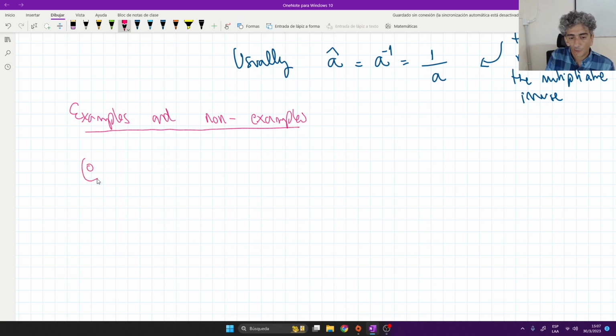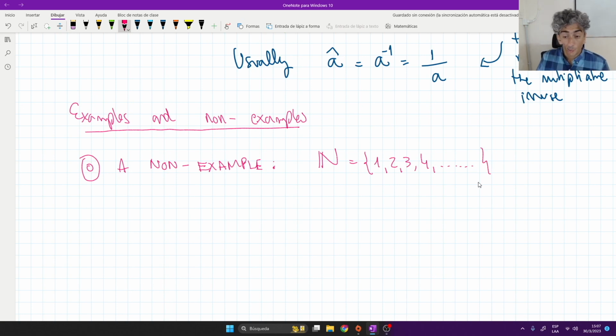So let's start with a non-example. The set of natural numbers. The set of natural numbers is the set 1, 2, 3, 4, and so on, where these are the numbers that we use to count. Right? We learn about these numbers in kindergarten.